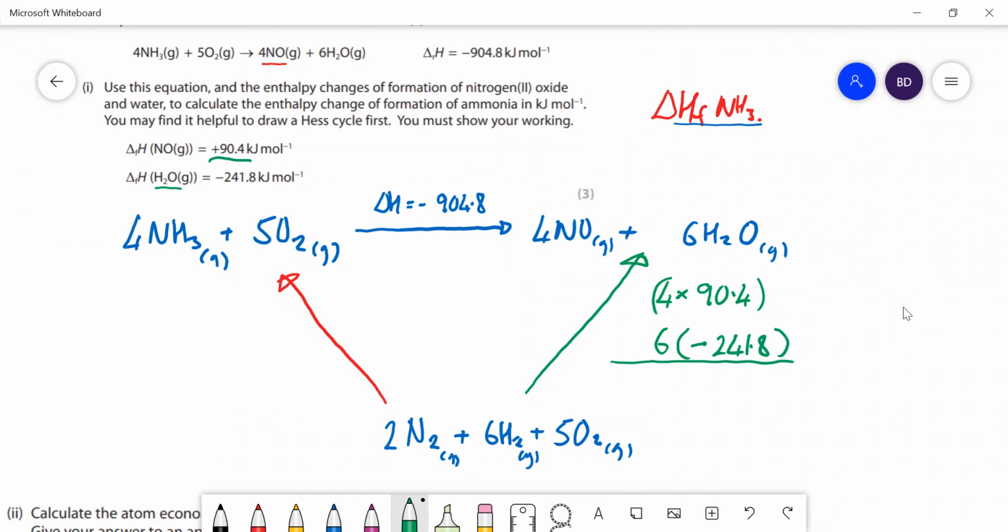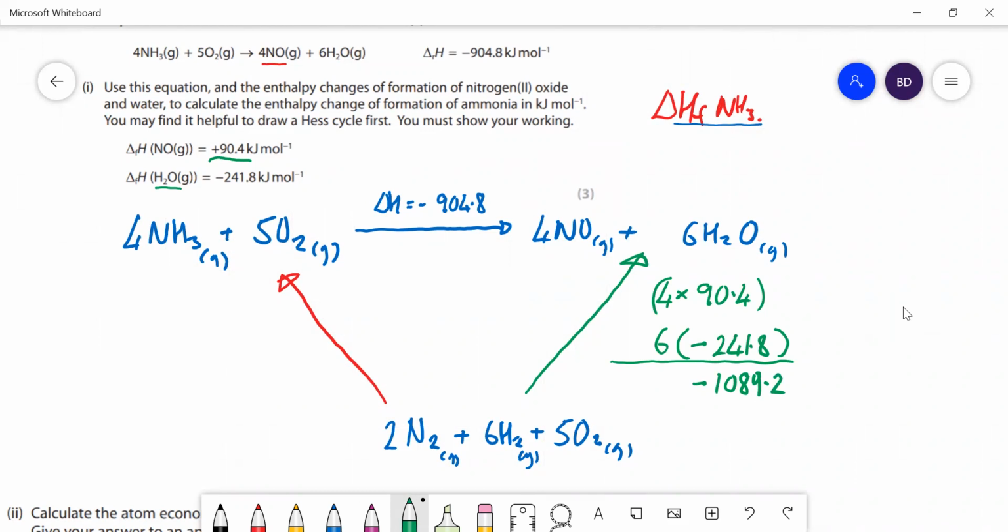Right, let's put all that into a calculator. So 4 times plus 90.4, add 6 times minus 241.2, you get a value there of minus 1085.6, sorry, minus 1109.2 there.